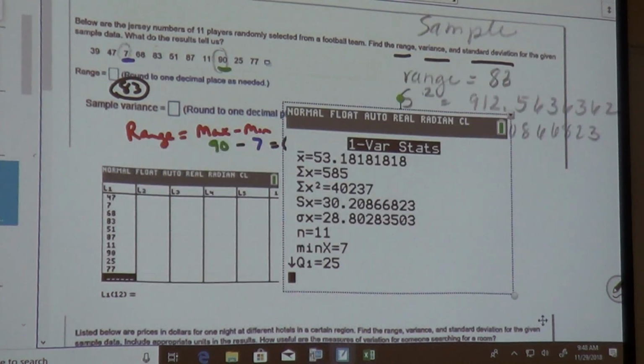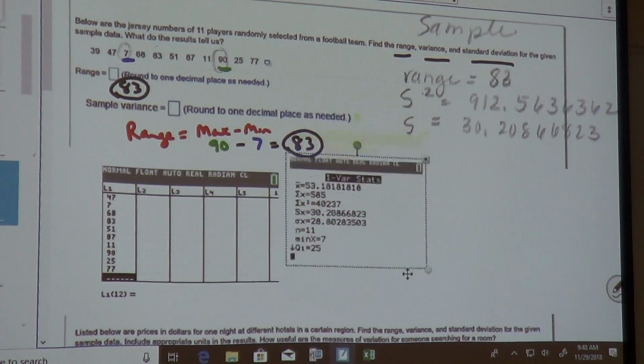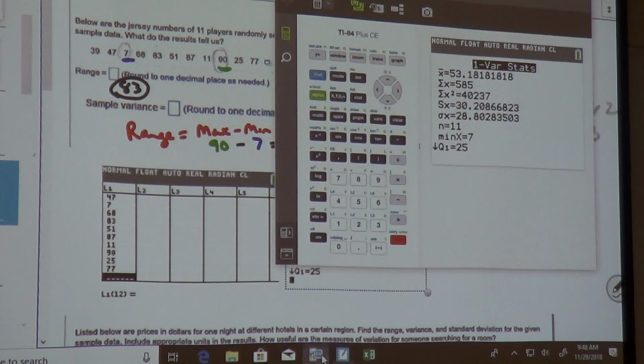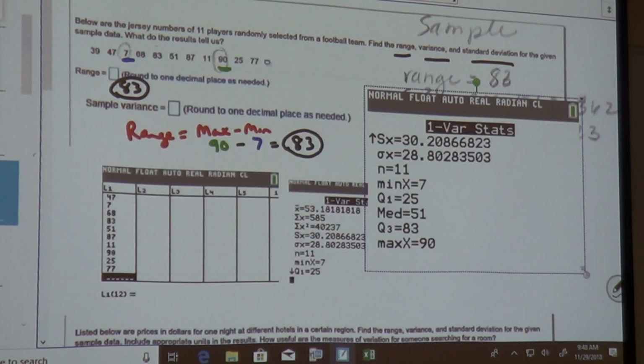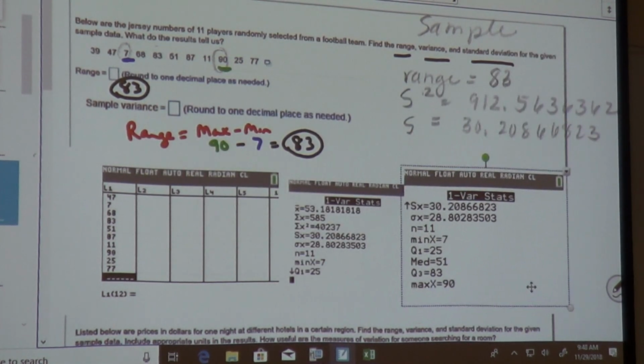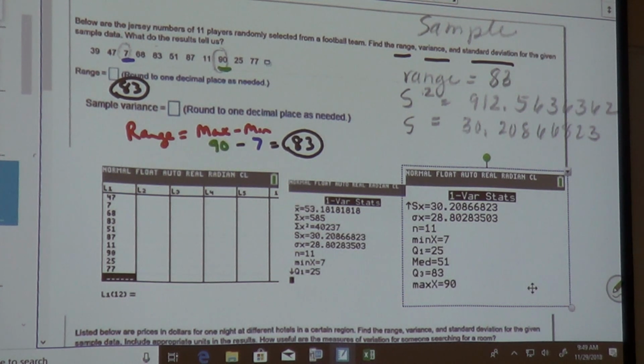There's the first page, and I'm going to move down to show you the second page. Technically, since we had to get the standard deviation, I could have gotten my maximum and my minimum from there. If I didn't want to look too hard, I could have gotten them from there.